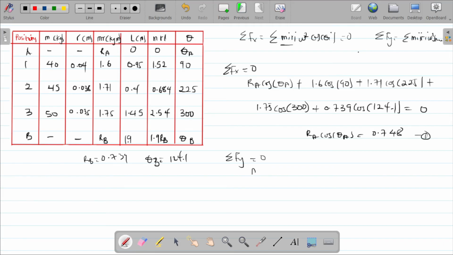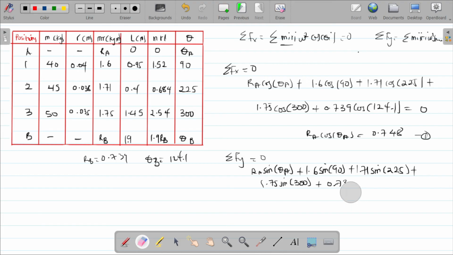We're going to have RA sine theta A plus 1.6 sine 90 plus 1.71 sine 225 plus 1.75 sine 300 plus 0.739 sine 124.1 is equal to 0.